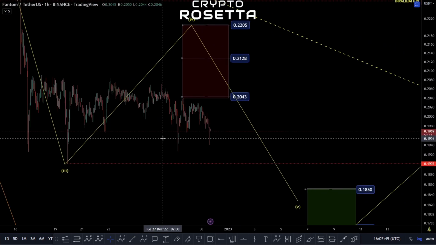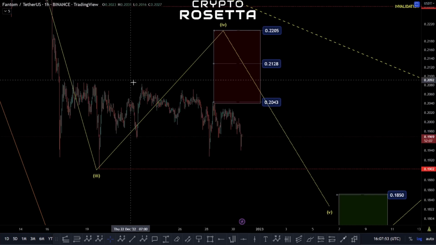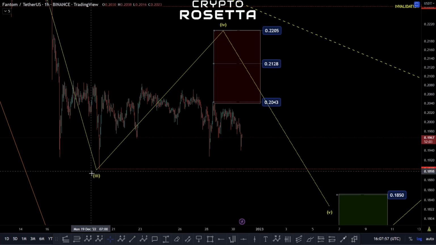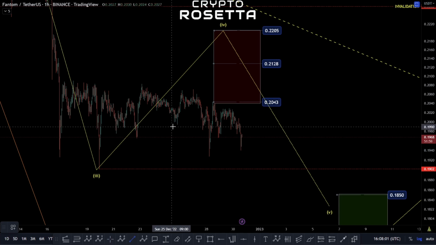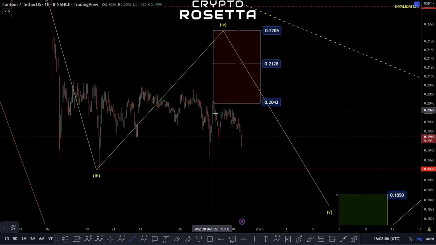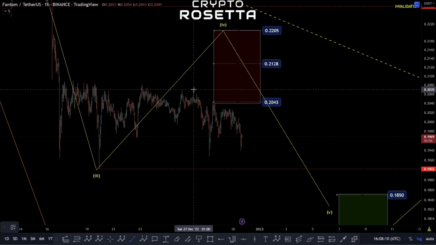So there is a couple of options within this, and we could look at this as completed here as a 4th wave maybe, and basically what we'd be looking at is the potential that this is A, B, C, D, and an E, and it's a very small triangle, and then we're actually looking to break down from this point.